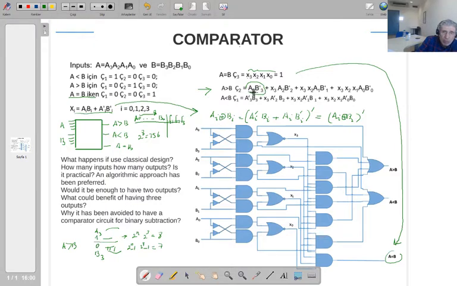This becomes 1 when A3 is 1 and B3 is equal to 0. If this is the case, so that these are the most significant bits, then my function becomes 1 without looking at the others. Now we can consider one bit further.